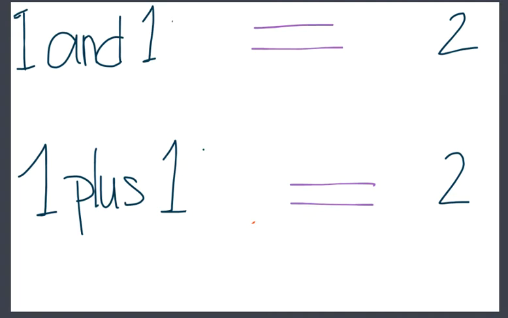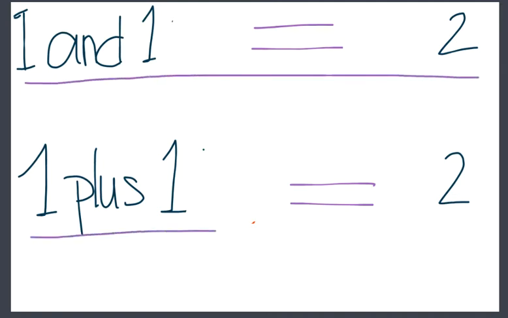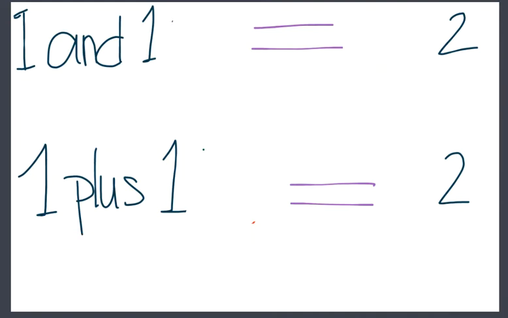And does that still make sense? 1 and 1 equals 2. 1 plus 1 equals 2. Yes, with the two equal signs, our number expressions still make sense.